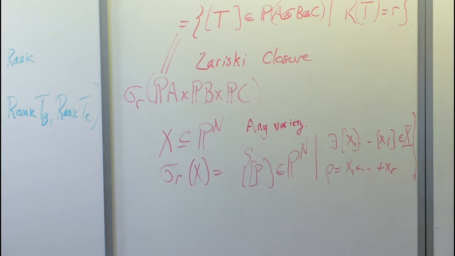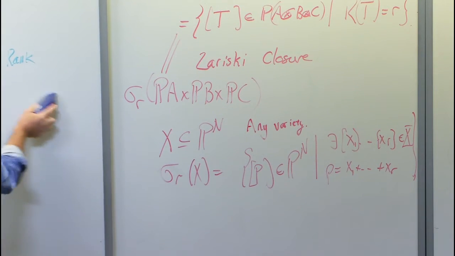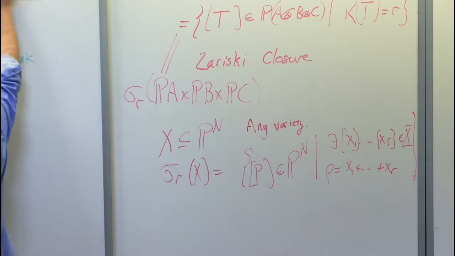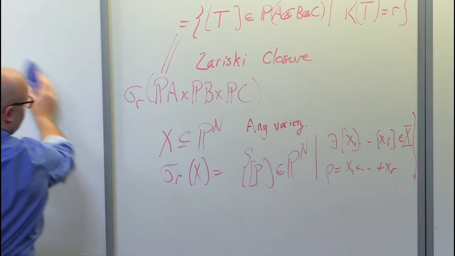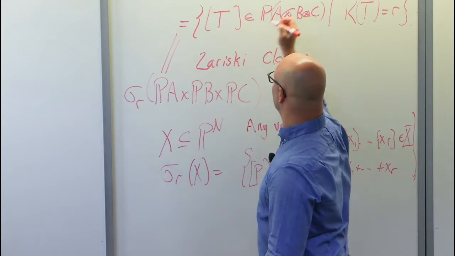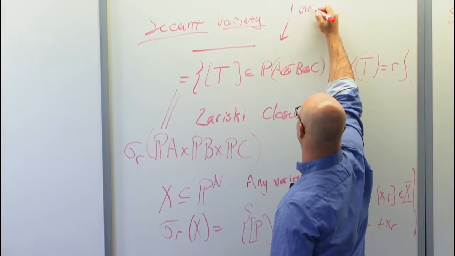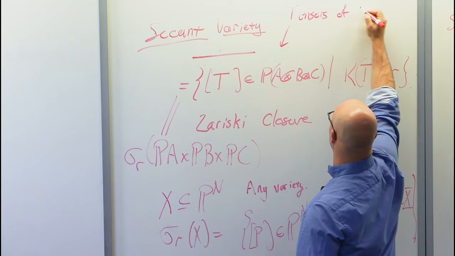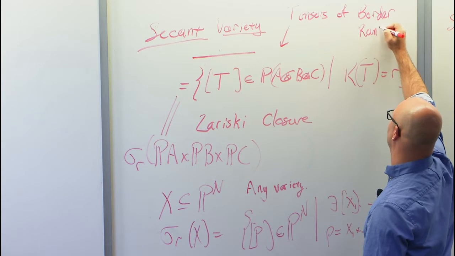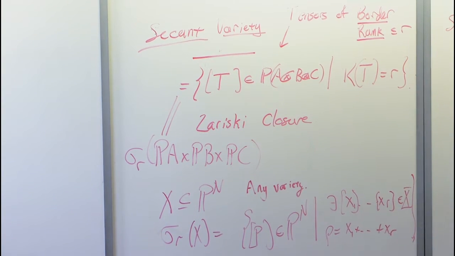Okay, so in the homework there's a couple of exercises, I think, to show why this variety is not closed, with an example of a tensor which is not of rank r but is a limit of such tensors. We say that these tensors define the notion of border rank.